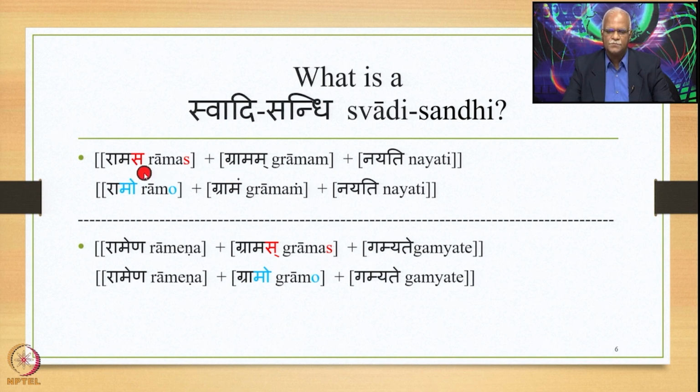So this sa gets substituted, and there is a chain of substitution which results in finally us getting this particular form Ramo Gramam Gacchati or Nayati. So this o is termed as the result of the Swadi Sandhi. Similarly, Ramena Gramas and Gamyate. So this sa becoming o is the result of the Swadi Sandhi.